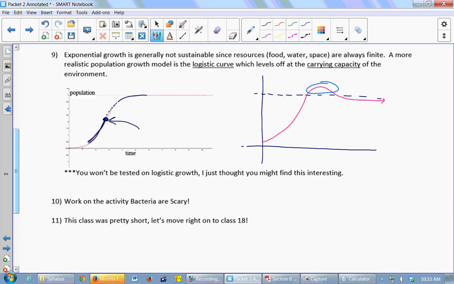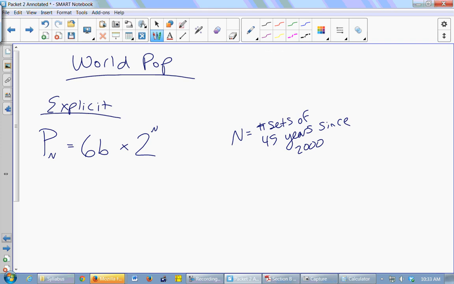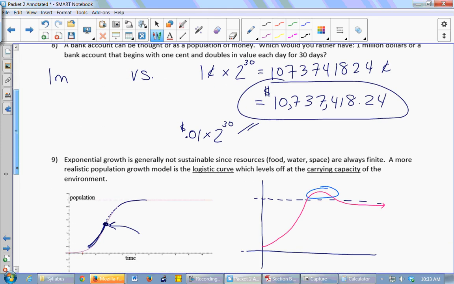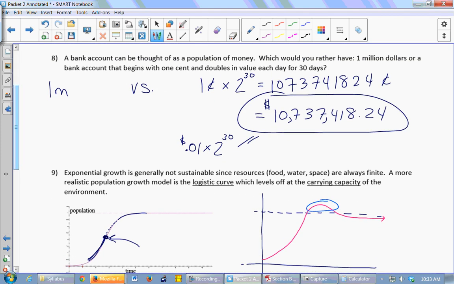Go back a little bit, just right on for this problem. Yes. The money problem? Yep. So my explicit formula, I would do 1 cent times 2 to the n.